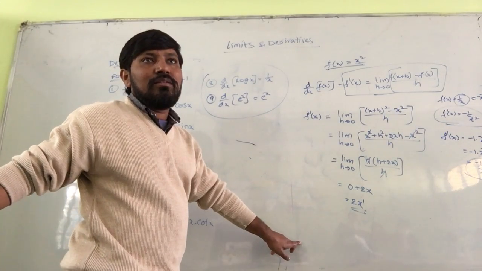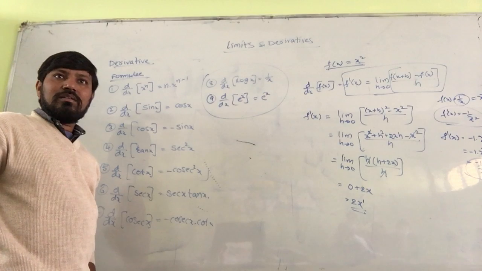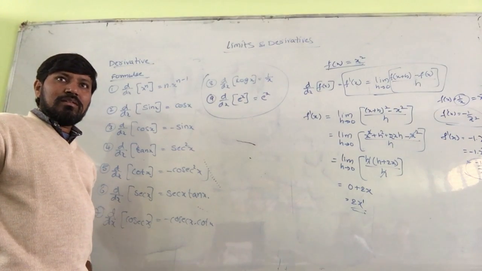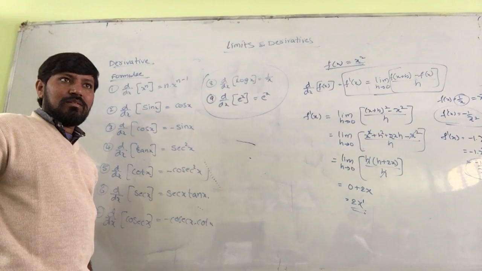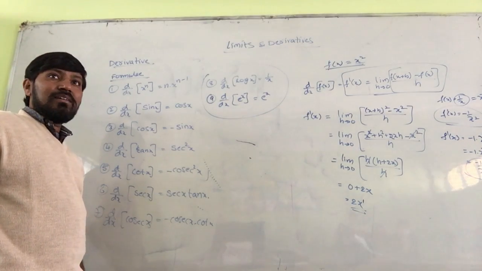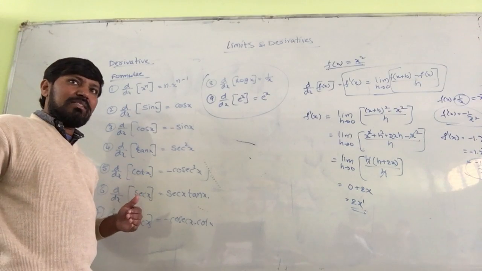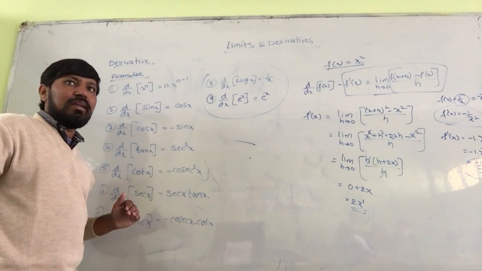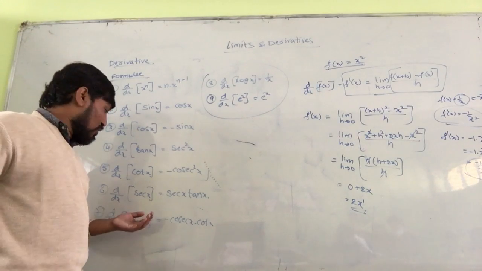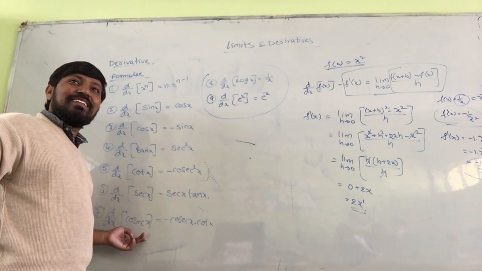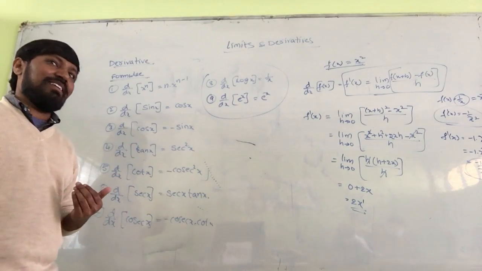Yes sir, the formulas you just gave are all in normal form. If we have to show, for example, d by dx of the reciprocal of sin x, would it be 1 by cos x? The reciprocal of sin x is cosec x. You are asking this one. What is in your mind, you are not saying properly.